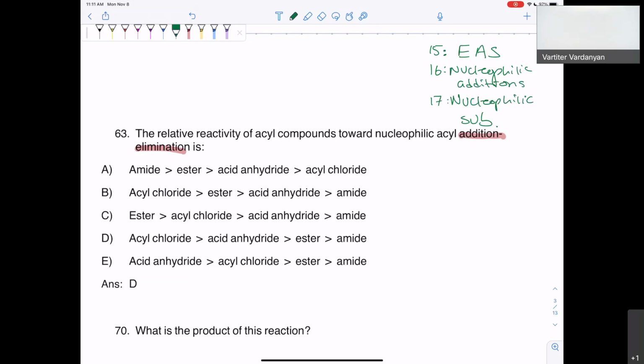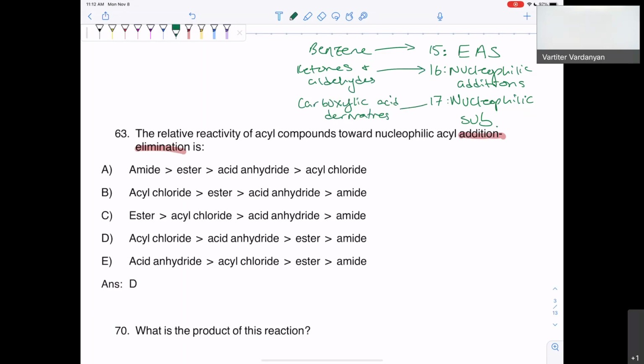And so the reason it's kind of important that you know these names is, like I said, benzene is all about chapter 15. Ketones and aldehydes are all chapter 16. And then the carboxylic acid derivatives are all chapter 17.